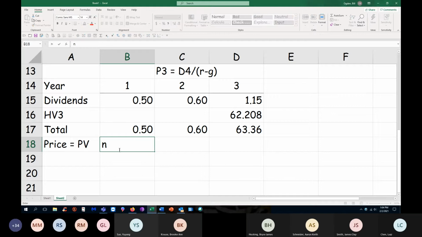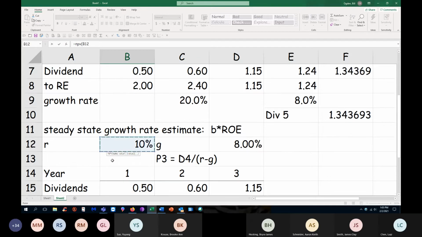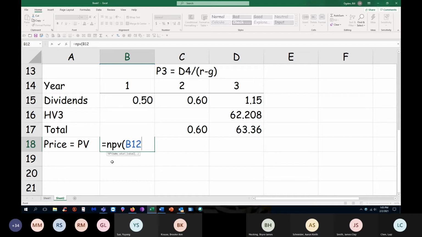So the function says NPV. And if you notice the arguments, you're supposed to give it a rate. We'll discount these cash flows at 10%. And then it asks you for your value 1, value 2, and so on. Here we highlight cash flows 1 through N. Now you might recall, if you're doing an NPV calculation, you actually start from cash flow 0, which you subtract, right? It's a negative number. This function does not do that.